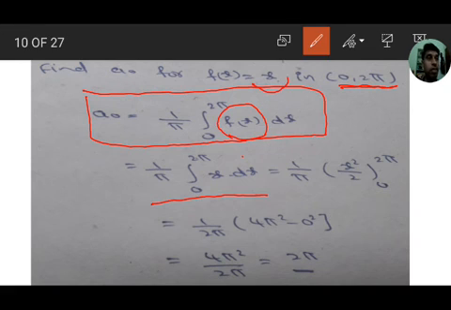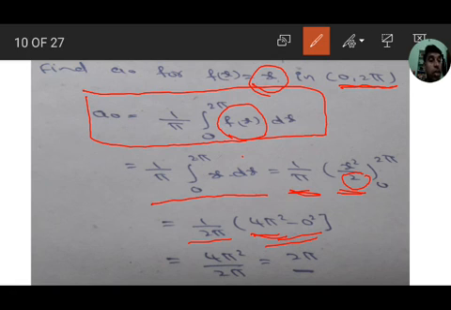What is the f of x value? It is x, so 1 by pi times the integration of x dx, which is x square by 2 between limits 0 to 2 pi. Taking the 2 outside, 1 by 2 pi, x square with upper limit 4 pi square and lower limit 0 square. So 4 pi square by 2 pi, pi and square cancel, 2 2 are 4, and we get the answer 2 pi.